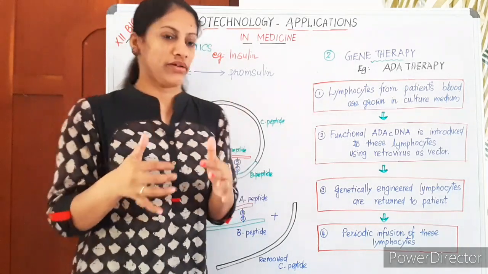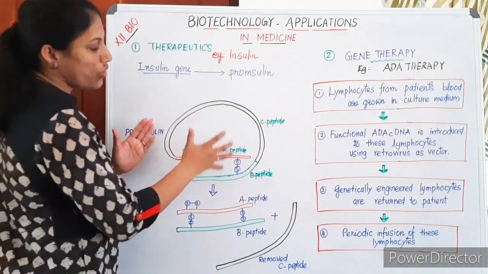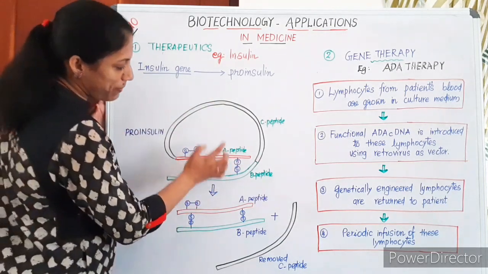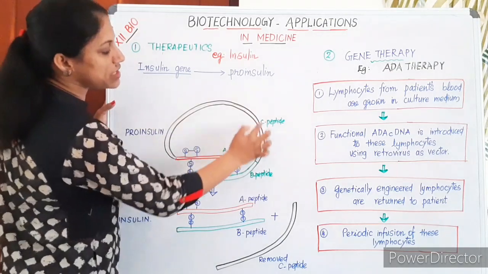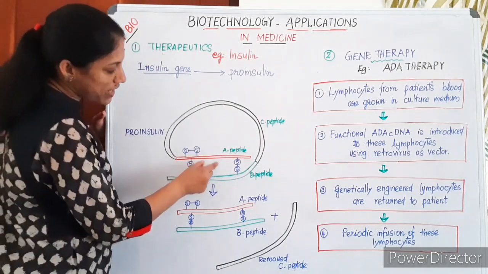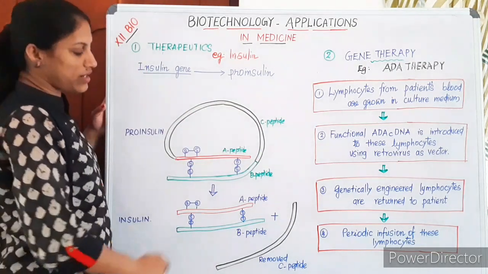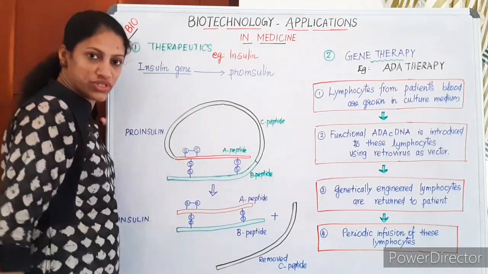Proinsulin has 3 polypeptide chains: A peptide, B peptide and C peptide chains. The A and B peptide chains are connected through the C peptide chain and also through disulfide bonds.